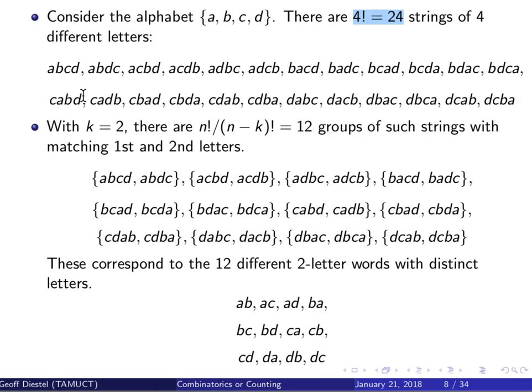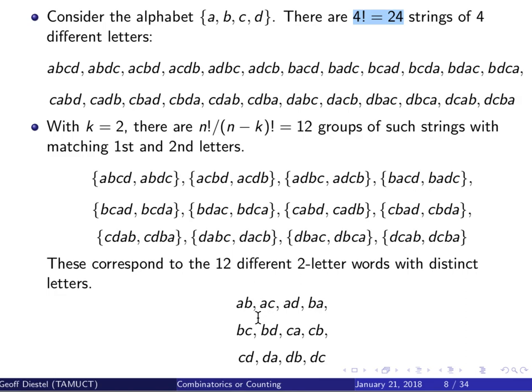Out of those 24 words or strings that we've made, we can group them together based on the fact if they have the same exact first letter and same exact second letter. In other words, this grouping is the same as just saying how many 2-letter words can we make with distinct 2 letters out of this 4-letter alphabet.